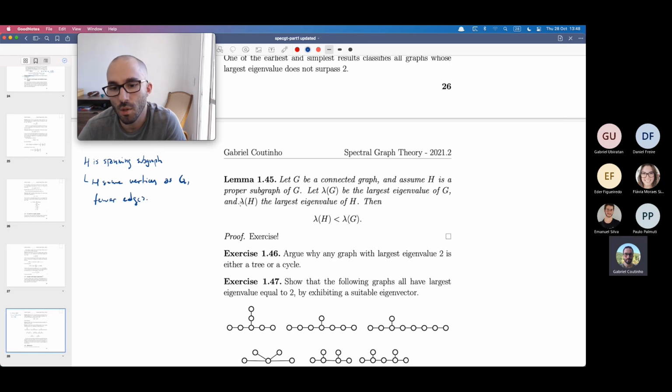I'm using the notation lambda of H to denote the largest eigenvalue. So assume H times V is lambda of H times V. What do we know about this vector V? We learned last class that lambda of H is positive, and V is a vector with positive entries, well, as long as H is connected. Maybe H is not connected, but we know that this is at least non-negative.